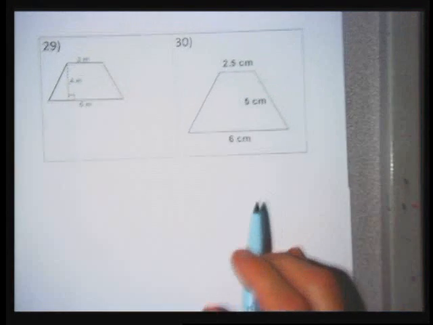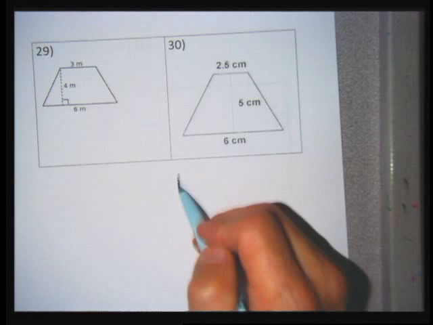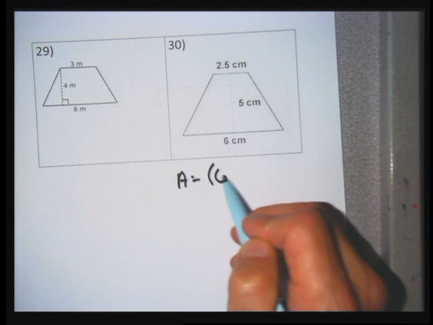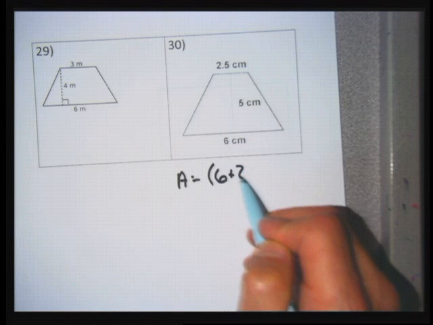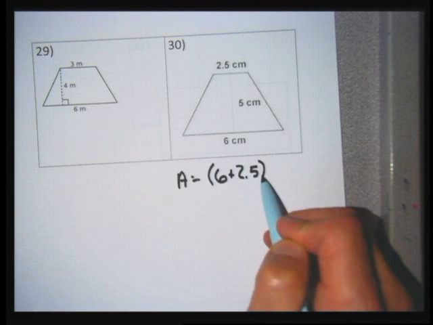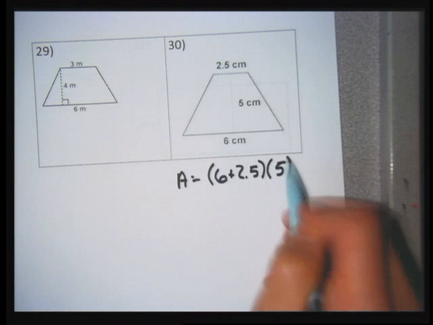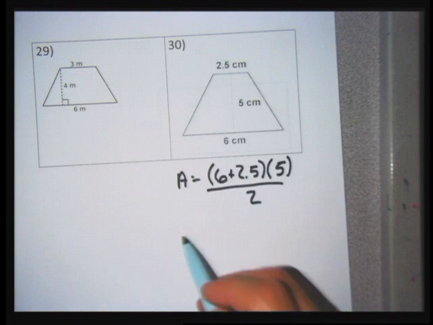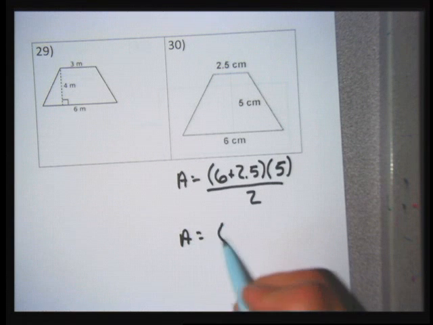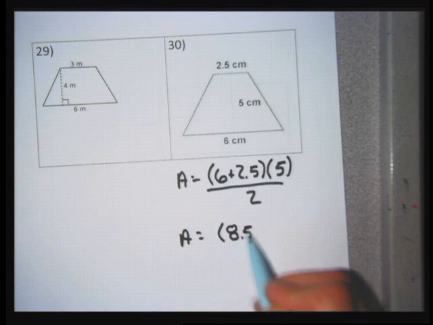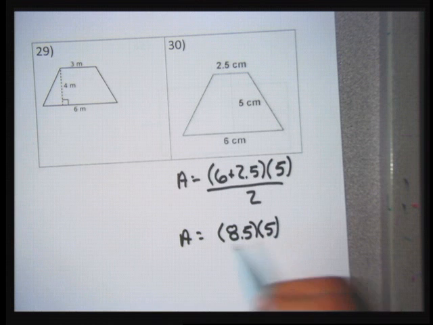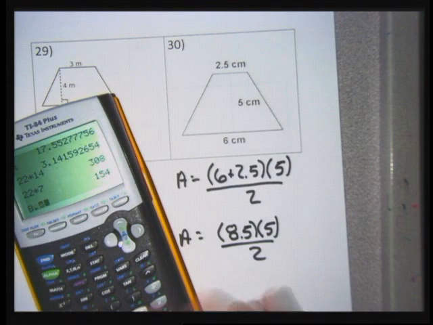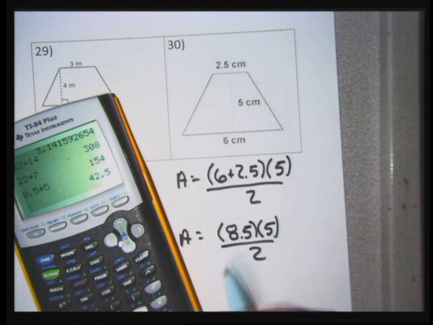Really, I think they're kind of overkilled on these. So here, area is going to be big B, which is 6 centimeters, plus little b, which is 2.5 centimeters, times the height, which is 5 centimeters, over 2. This is going to be 8.5 times 5 centimeters over 2. 8.5 times 5 is going to be 42.5.